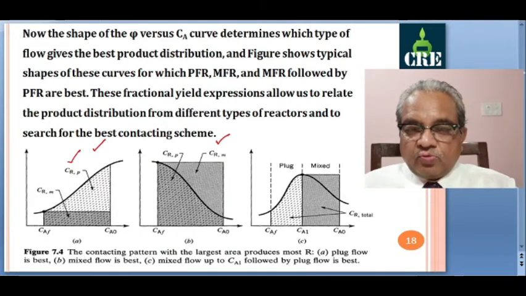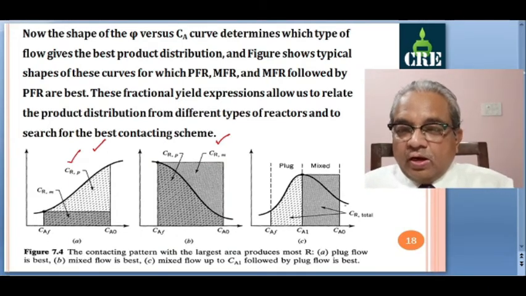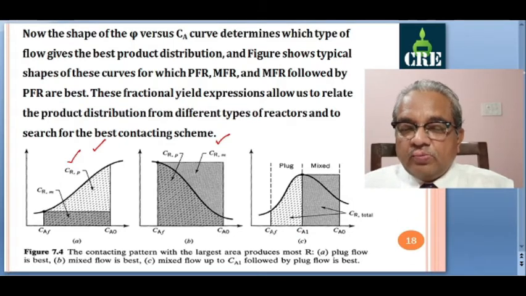So here you will prefer plug flow, here you will prefer mixed flow, and here you first put a mixed flow reactor. It gives you a concentration drop from CA0 to CA1. This is the intermediate one. So this rectangle area will give you CR in mixed flow. Then it is followed by plug flow, so it will start from CA1 and go up to CA final.